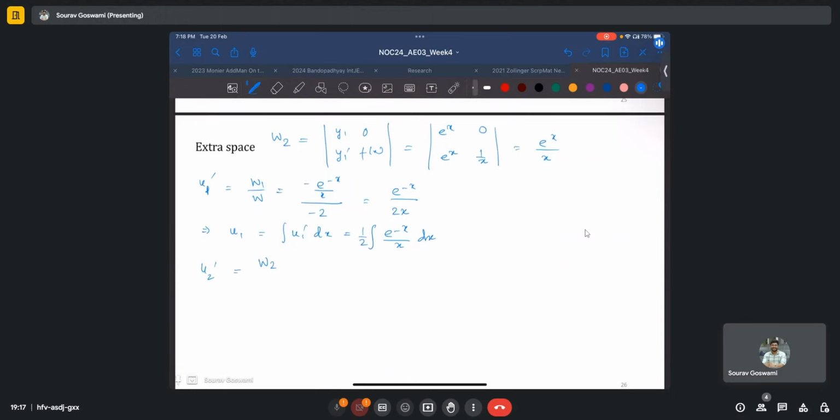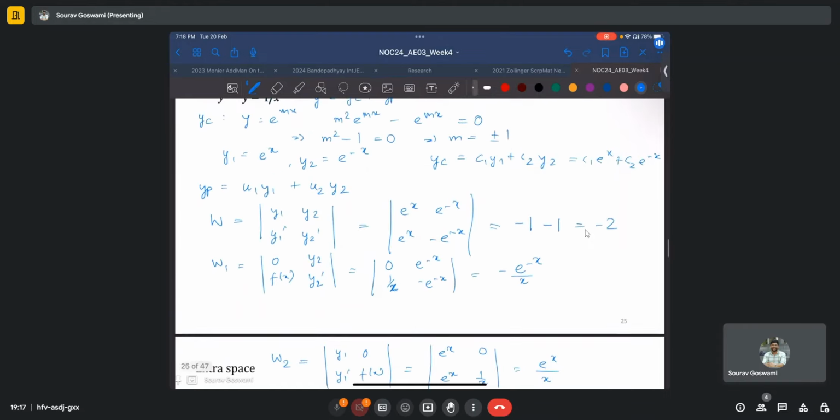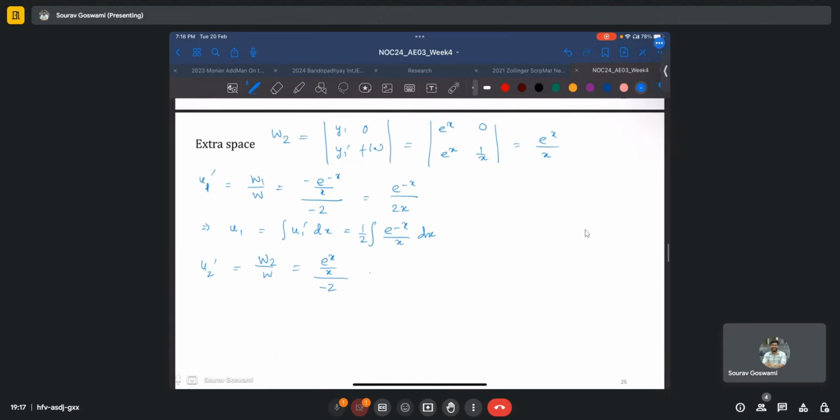U2 prime will be equal to W2 by W, which is e power x by x by minus 2, which implies that u2 in this case will be the indefinite integral of u2 prime dx, equal to minus half integral of e power x by x dx.